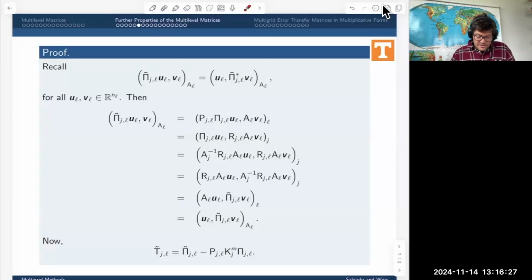Now, let's have a look at this matrix, the TJL tilde matrix. By definition, that's equal to pi JL tilde minus the prolongation times the error transfer matrix times the pi JL matrix. All right. So remember that that came from the definition of the TJL matrix, which was pi JL minus KLM pi JL.